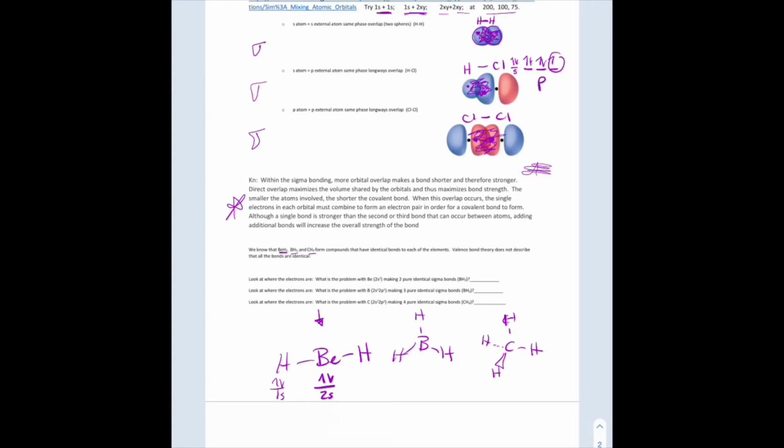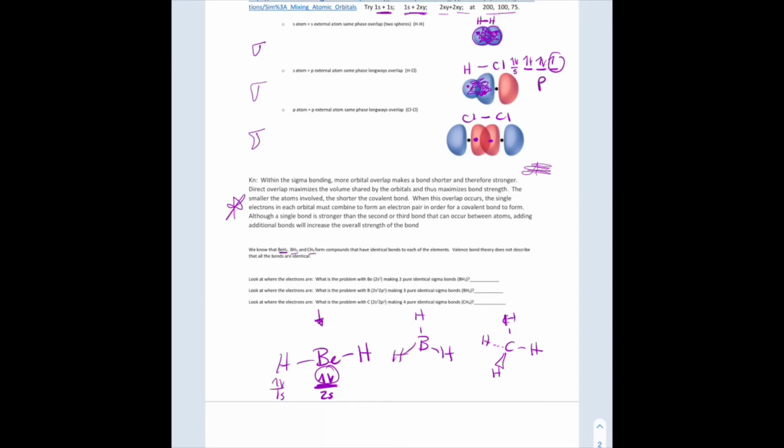Notice something: his 2s is full. If you're full, you can't overlap. Look up here in this other section where we had these guys. The only ones that did the bonding were the ones that had a space. Look, he's full. He can't bond. He doesn't have any room to bond. And yet science says we know that this compound exists and that it does form a bond.